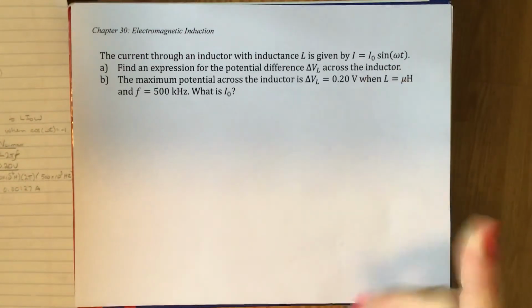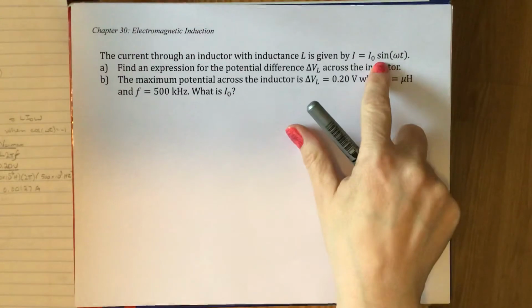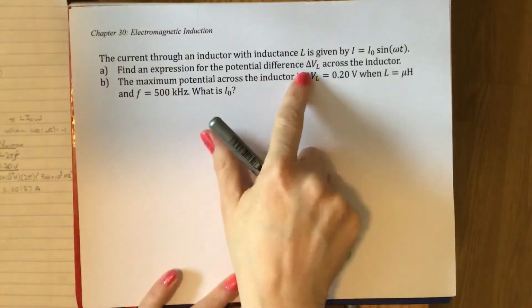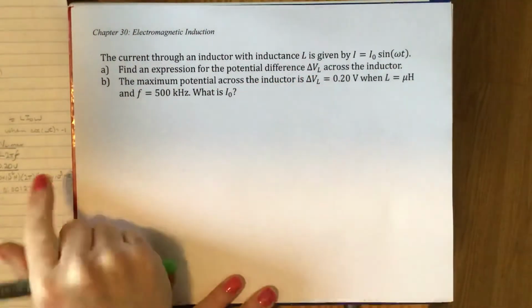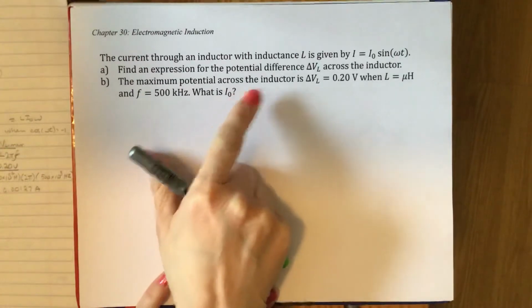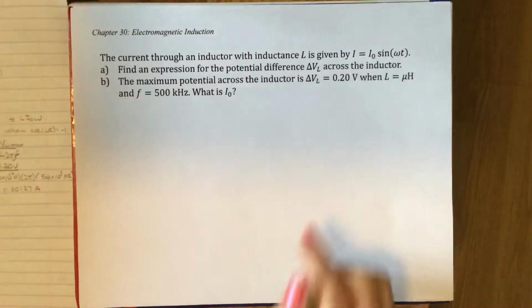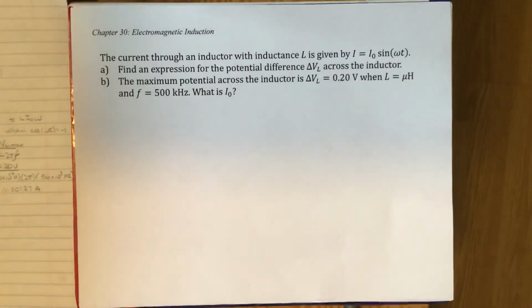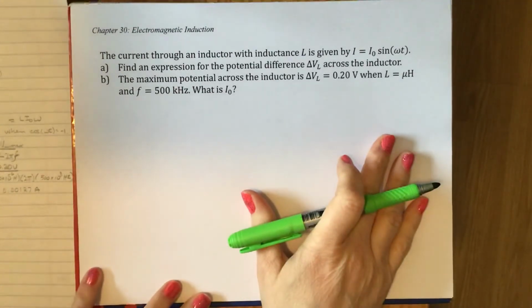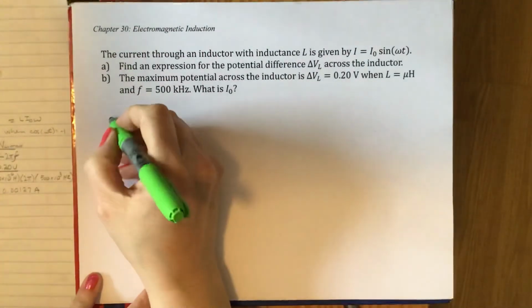So our current is changing with some frequency as a sinusoid. Find an expression for the potential difference across the inductor, and from some given values, figure out what this maximum current is. So let's write down the expression for the potential difference.